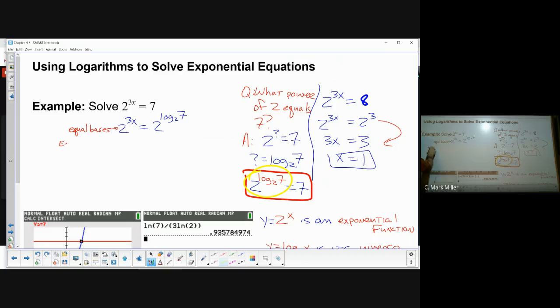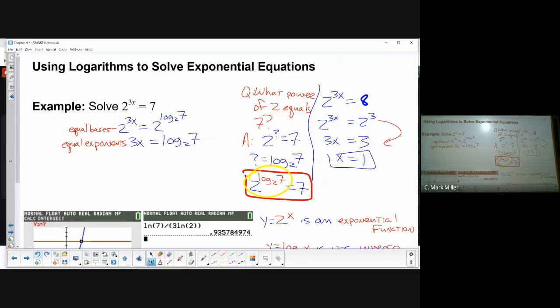Equal exponents. So 3x on the left equals log base 2 of 7. That's huge because it took our x out of that exponent.